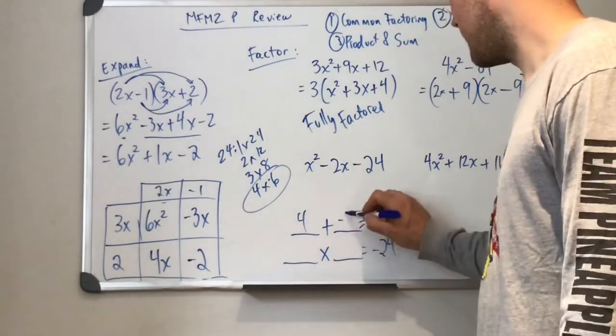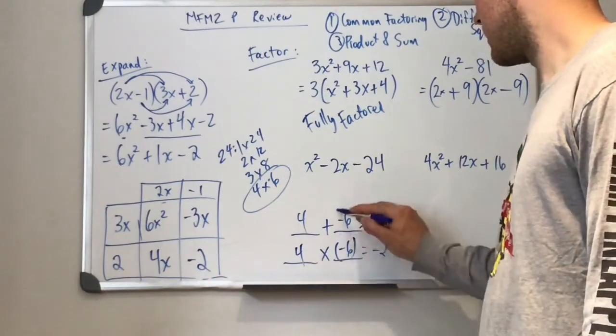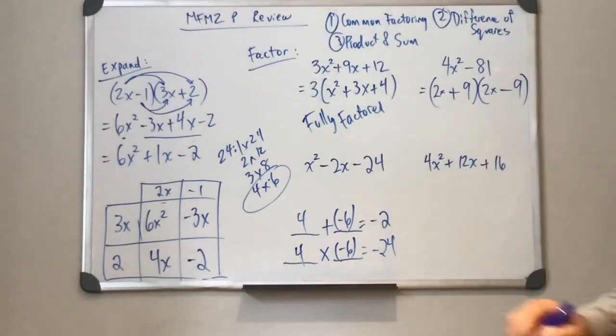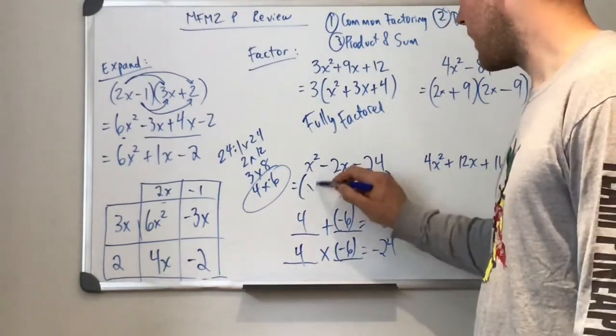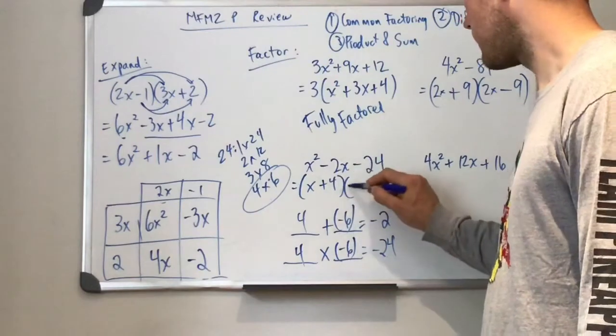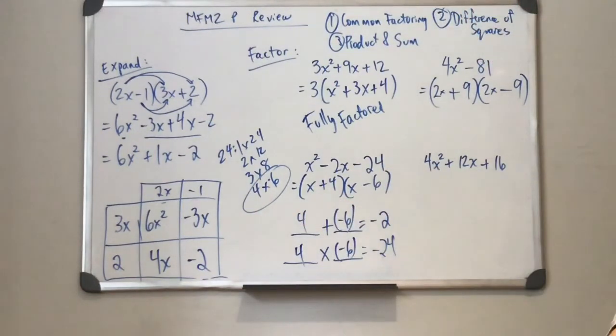So 4 plus -6 is -2. 4 times -6 is -24. Once we've done that, we can factor. So we've got x plus 4, x minus 6. We're just using the numbers that we found there.